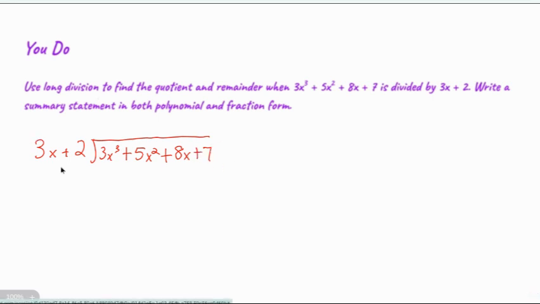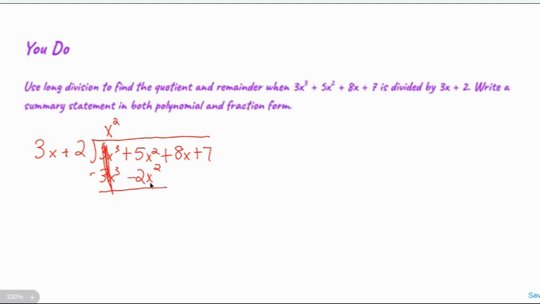So let's start. I won't write out as much this time, but 3x times what gives me 3x cubed? That would just be a simple x squared. And so 3x times x squared gives us 3x cubed like we want. Now we only have two terms, so 2 times x squared is 2x squared. Subtract.